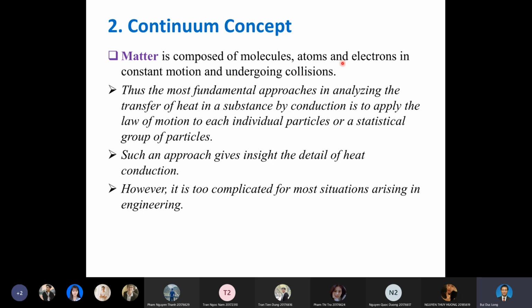This is a concept, or definition, we have to introduce to you before we go into detail.